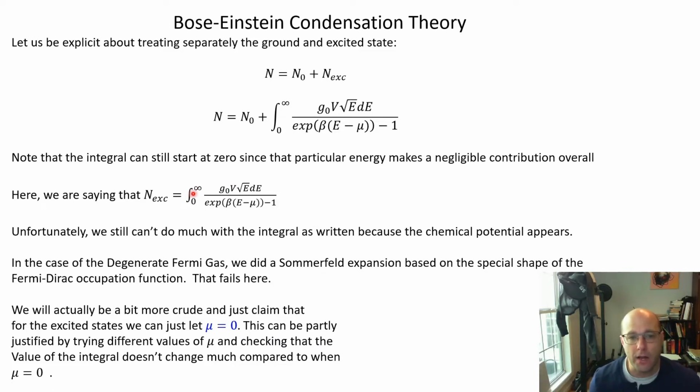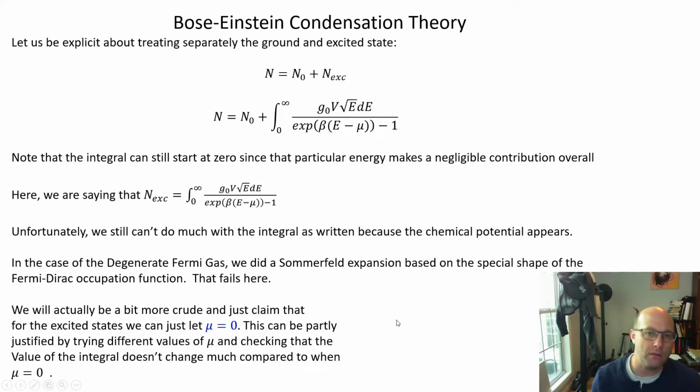All right, so in fact, what we're going to do is be a little bit crude. We're going to say that, not generally and not for every circumstance, but at least within this integral that represents the excited states of the Bose gas, we're going to let the chemical potential be approximately 0.